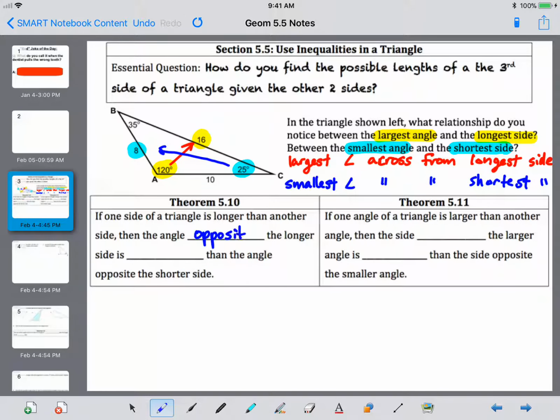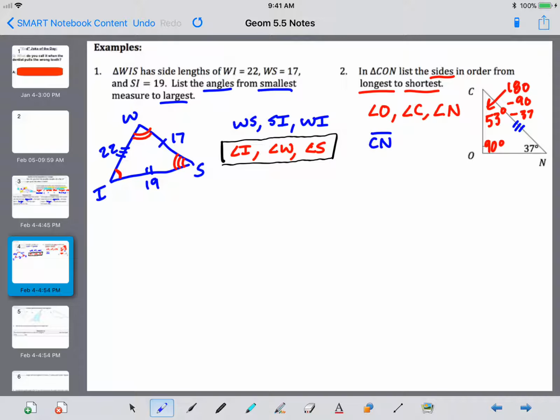I can see my largest angle is 90 degrees, that's angle O. Next, angle C is 53 degrees, and angle N is 37 degrees. So now I have to see what side is across from those angles. So across from angle O, my biggest side is going to be side CN.